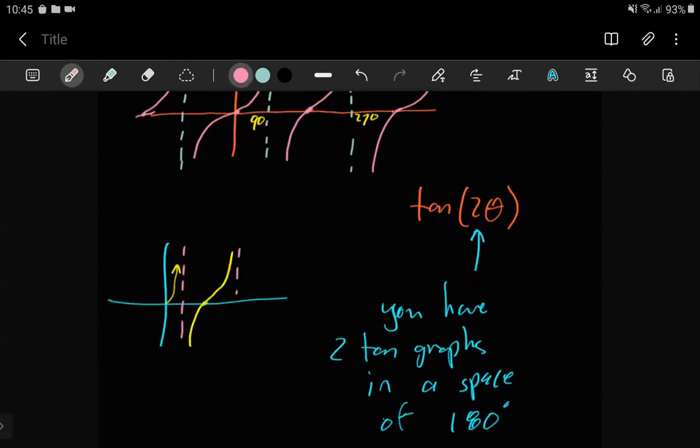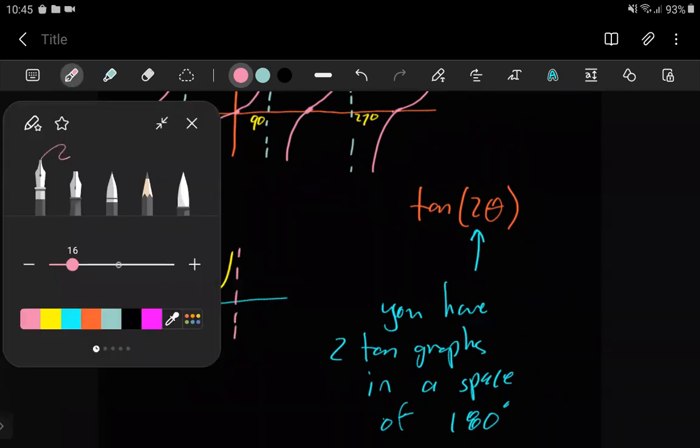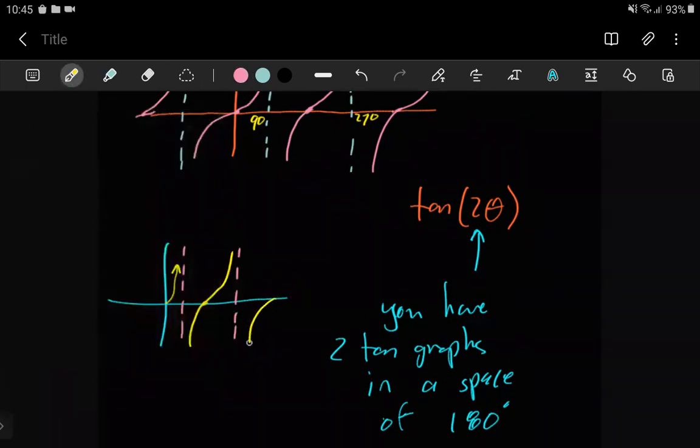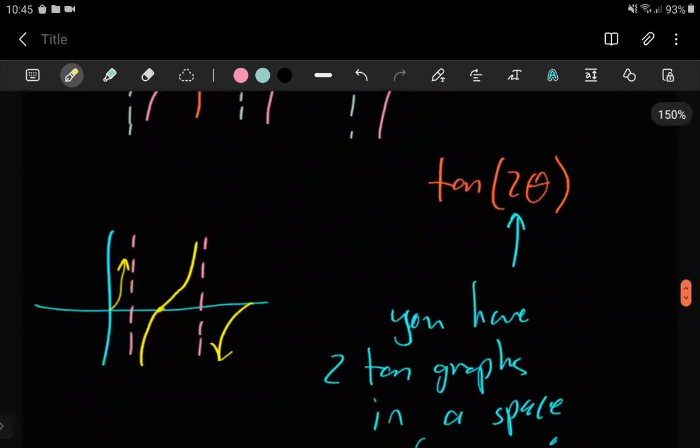And then obviously here you'll have another asymptote, and it just carries on like that, where your asymptote here is going to be 45, and then this is 135.